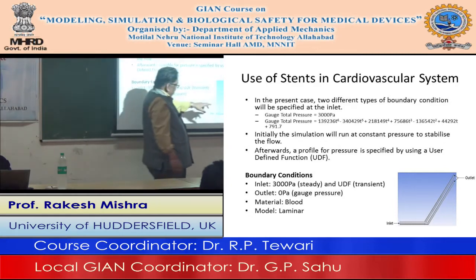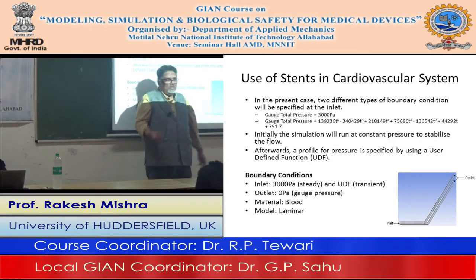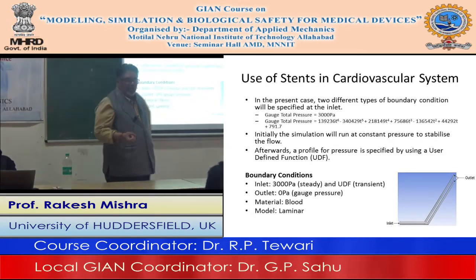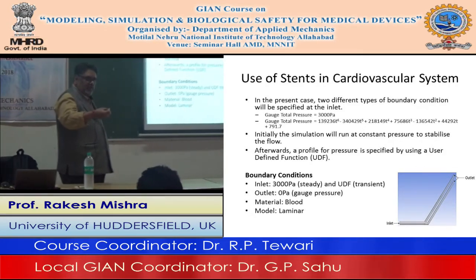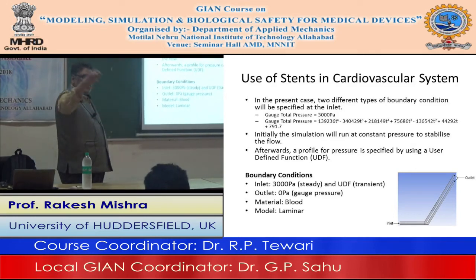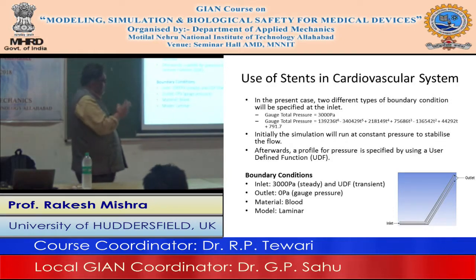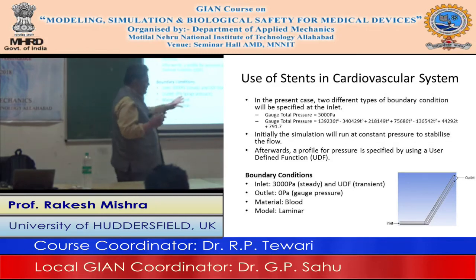Here you can have a stent which is dispersing a given amount of drug into the bloodstream. That also you can model how effectively it will disperse it and how that will flow inside the CFD. So there are lots and lots of applications that we can do, but here I'm purely focusing on one application, is stent in an artery and how it will act.